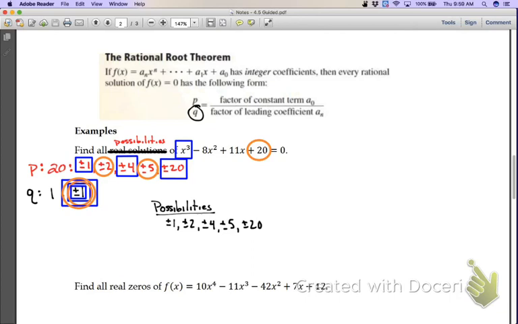If it's just 1, the whole list is predicated on the factors of P. You will always have all of the values, whether it's plus or minus 1, plus or minus 2, plus or minus 4, 5, and 20. You will always have those numbers in your list. So what I would tell you is not so much to rewrite your list of P, is just to add on to it later.